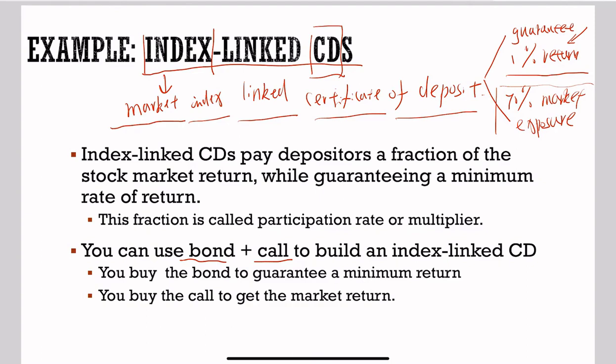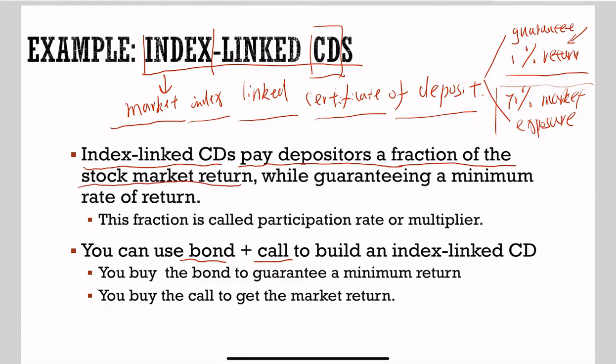Oh, I forgot to mention a definition here. If you pay attention to the definition of this index-linked CD, you can see that it will pay investors a percentage of the market return.